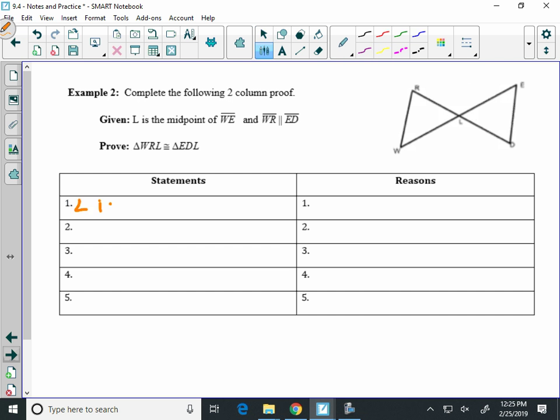So L is the midpoint of WE and WR is parallel to EB. And our reason for that is given. What is our last statement every single time? What you're trying to prove.